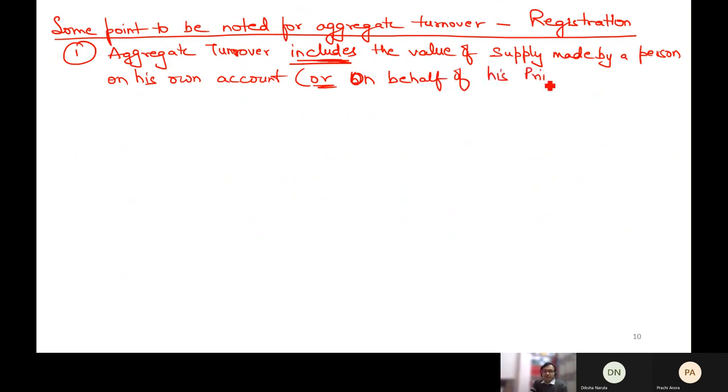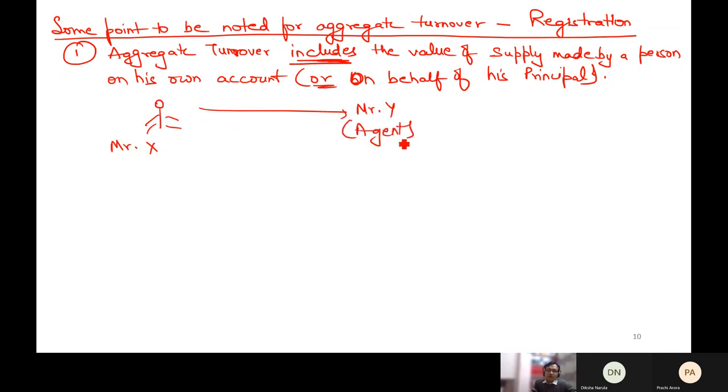Let me tell you how to explain this point. Example: Mr. X has appointed Mr. Y as his agent. Do you remember there is an agent-principal relationship? So, X is the principal and Y is the agent.